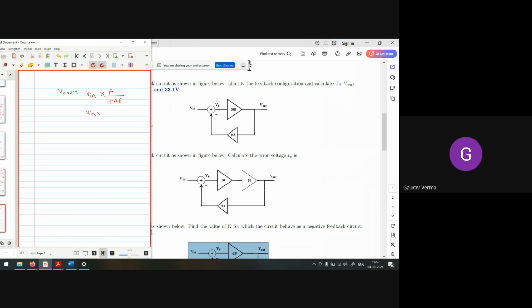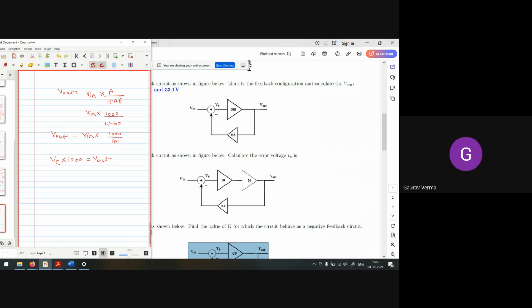A is 1000, and A into F is 100, so 1 plus 100 is 101. So V in into 1000 divided by 101 is V out. And VE multiplied by 1000 is V out.